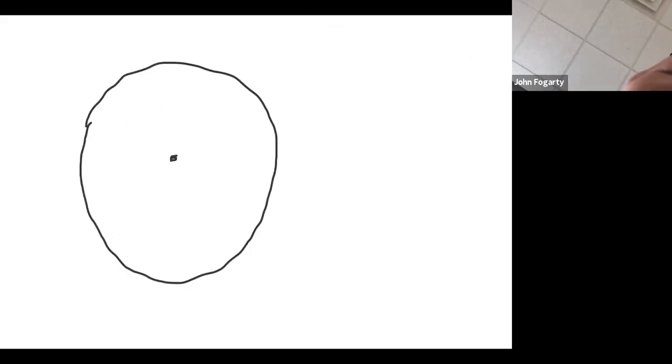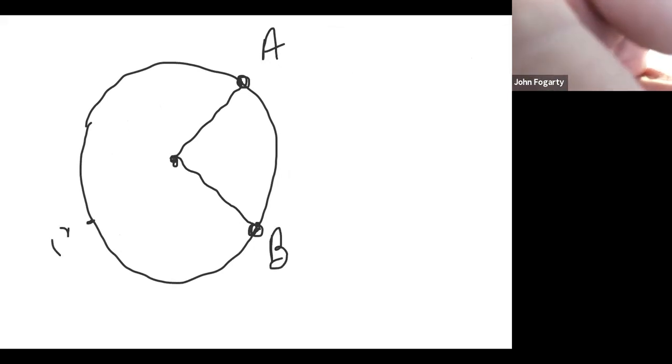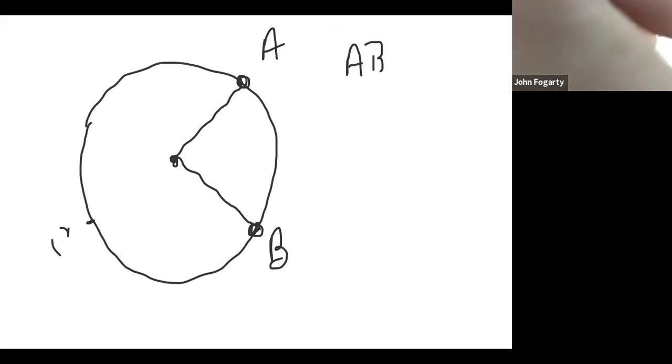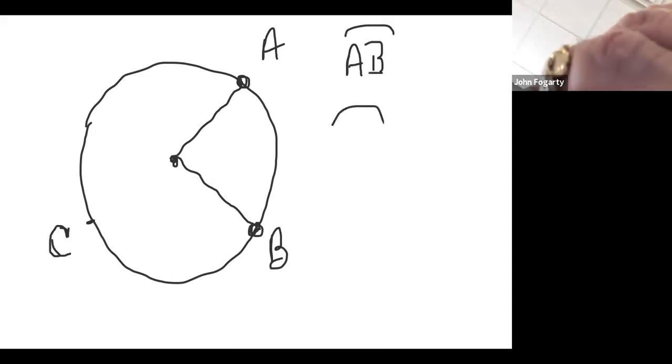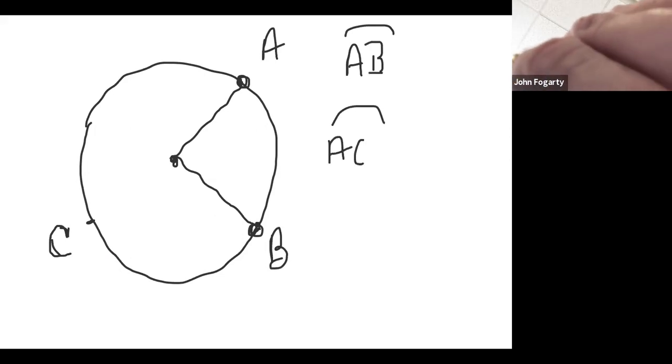Well, if I have a circle and I have a picture like this, obviously I see two arcs there. I see arc AB, and what's the other one called? Arc ACB. Which one would be the minor arc?